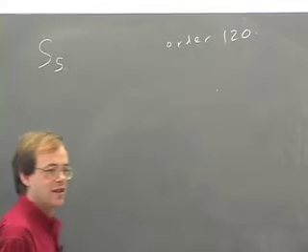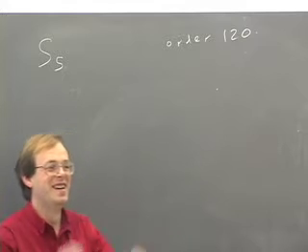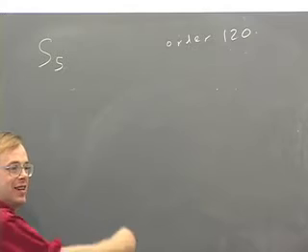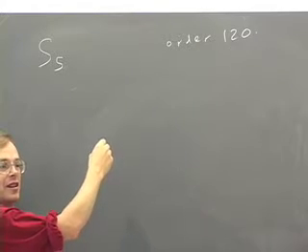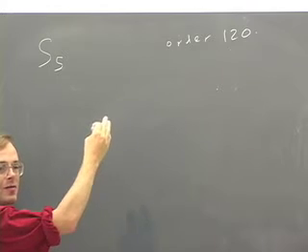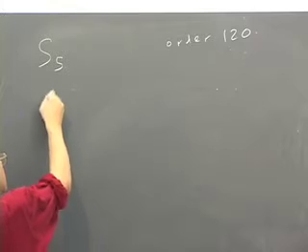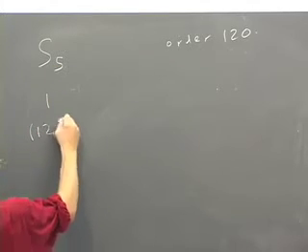How many conjugacy classes does it have? Can somebody list the conjugacy classes? Give me some representatives of the conjugacy classes. First one's the identity. You can do them in any order. A 5 cycle, (1 2 3 4 5).